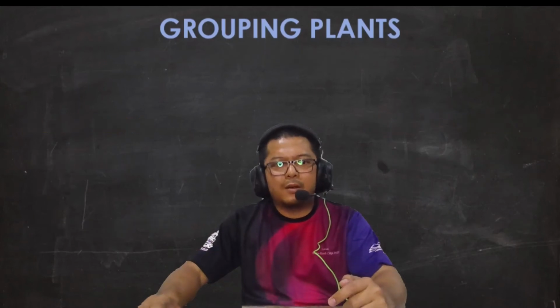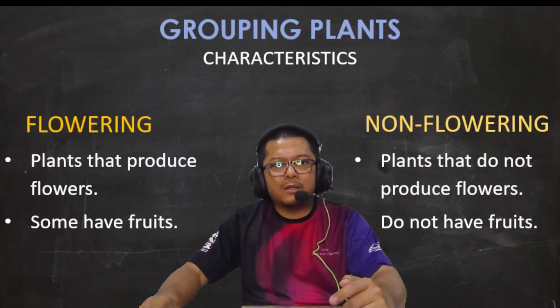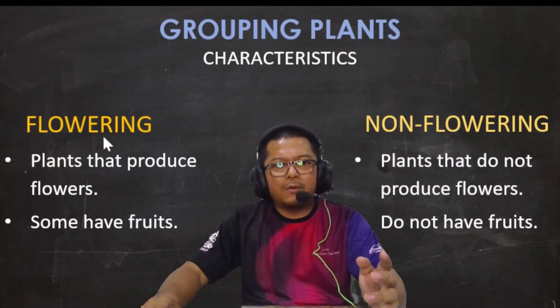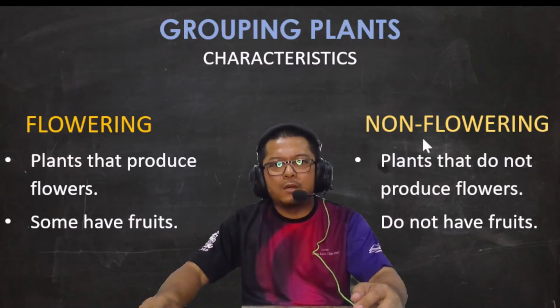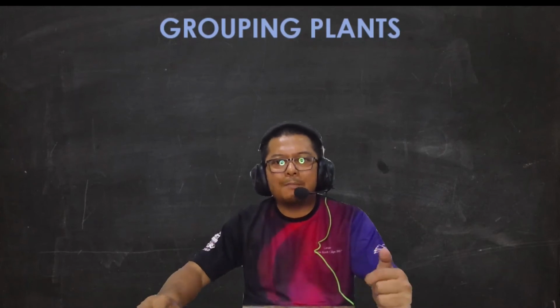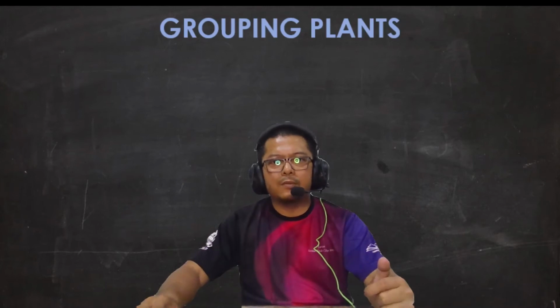Excellent. Okay, now remember that characteristic. Flowering plants have two characteristics: plants that produce flowers and also have fruits. Some, not all, some have fruits. Non-flowering plants, plants that do not produce flowers and they do not have fruits. Okay, next we shall move on to grouping plants based on those characteristics.